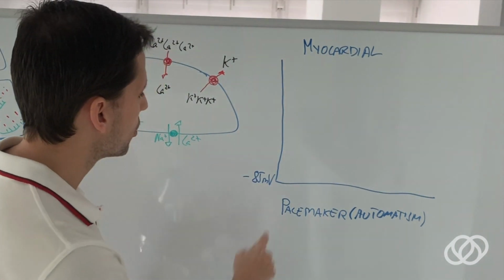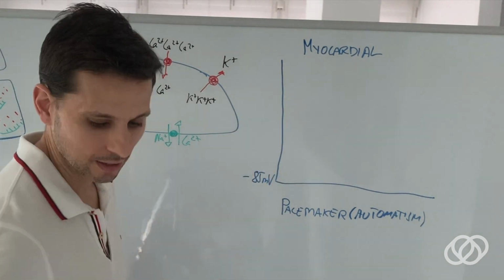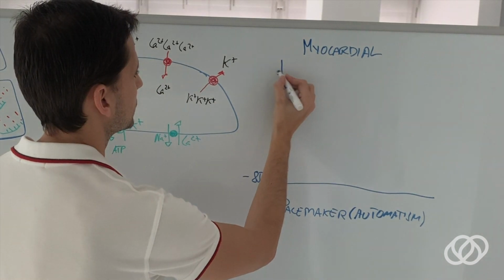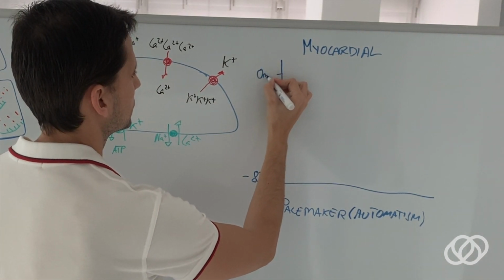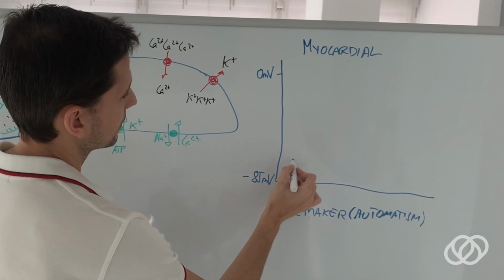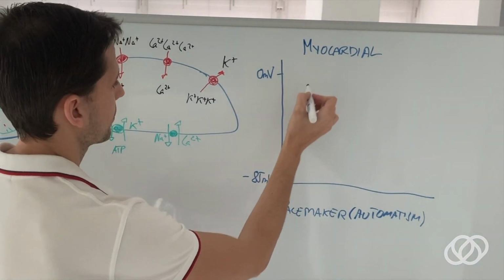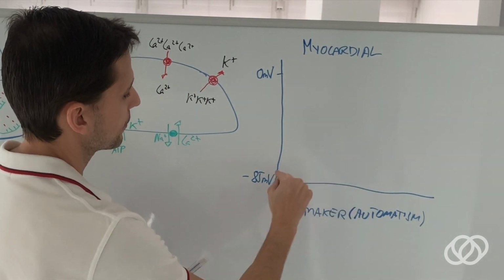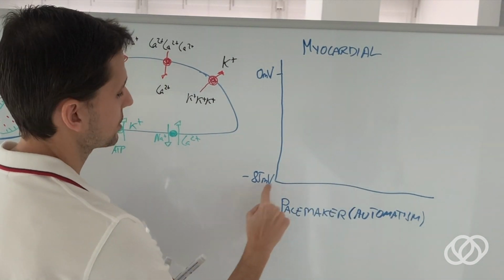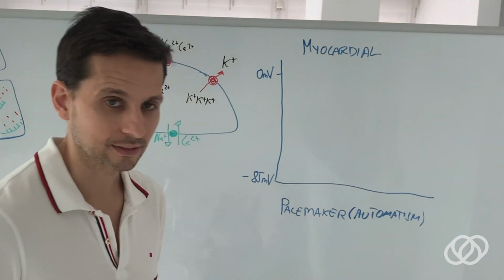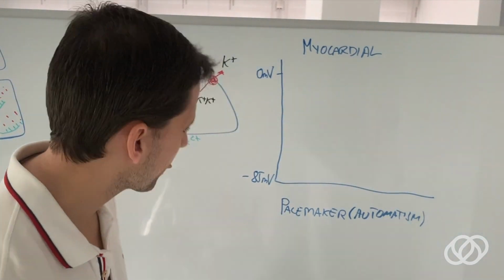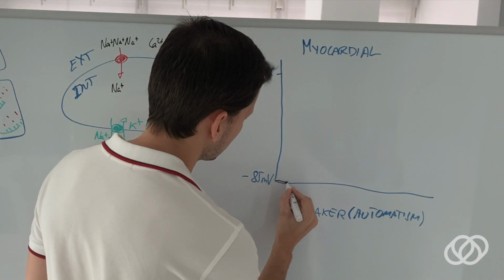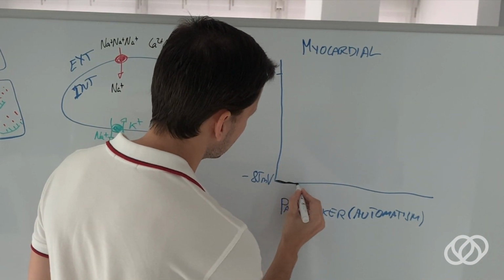Every time we go up in the graph, it means that we are depolarizing the cell. Meanwhile, when we go down in the graph, it means that we are repolarizing the cell, because the cells usually have a negative charge. So we start with phase 4. Phase 4, as we have told, is usually flat.